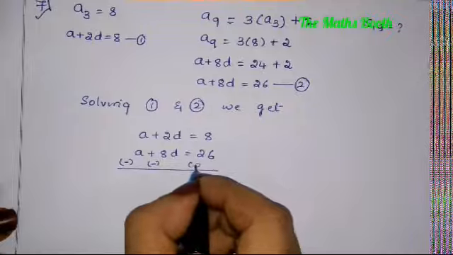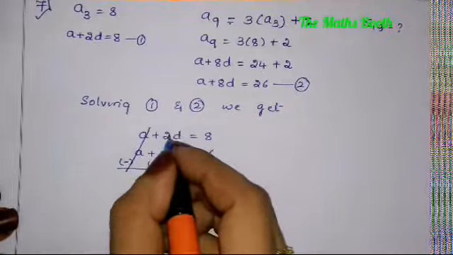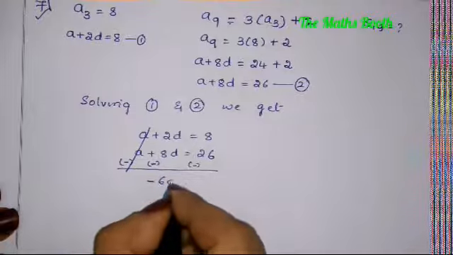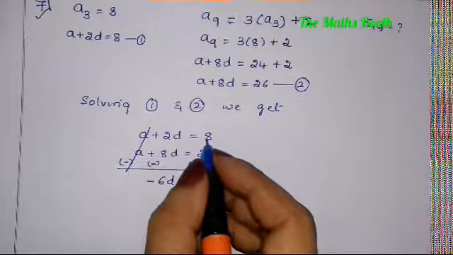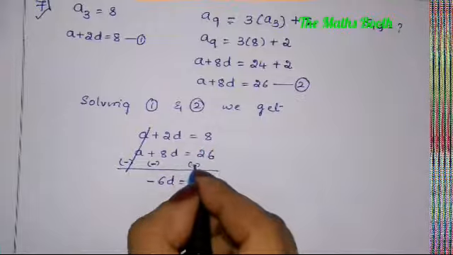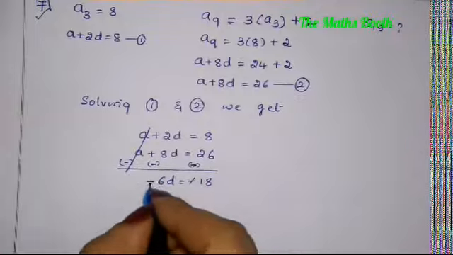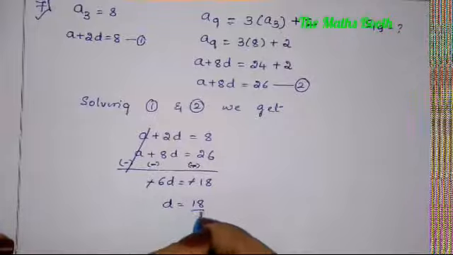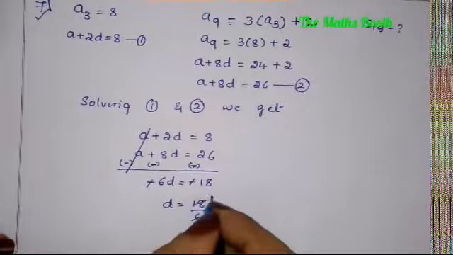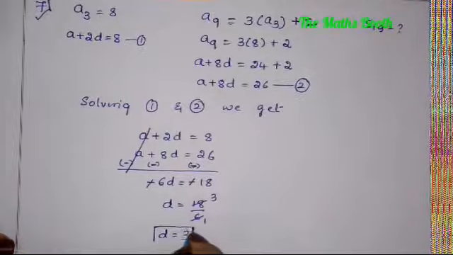Now A gets cancelled. Minus 8 plus 2 is minus 6D. Minus 26 plus 8 is minus 18, because the greater sign is negative. Now minus minus gets cancelled. D is equal to 18 by 6. 6 threes are 18. So the D value we got is 3.